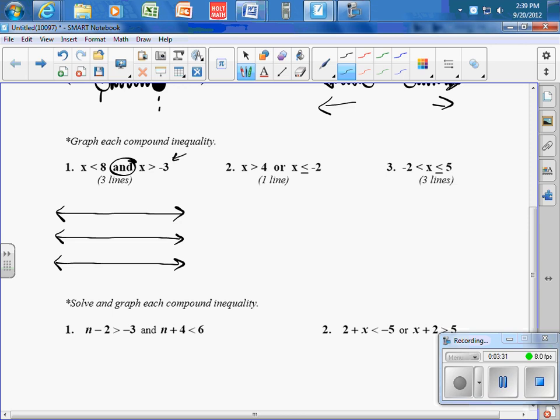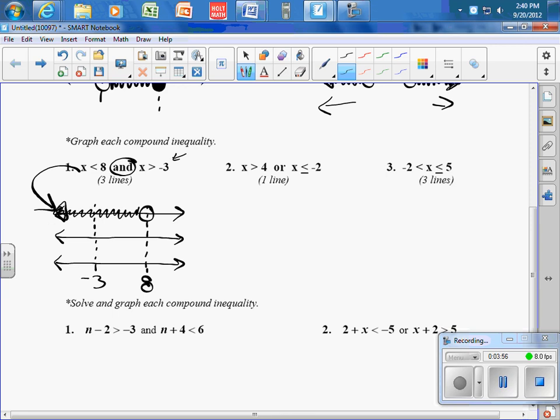Obviously, the -3 is to the left of the +8 over here. Now, on the top number line, you're going to graph x is less than 8. How does that look? Well, it'll be an open circle on the 8, and we shade everything to the left.